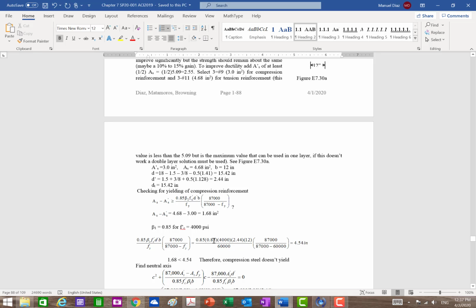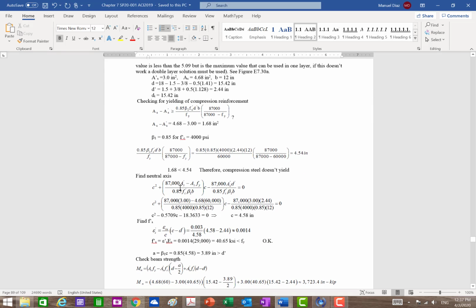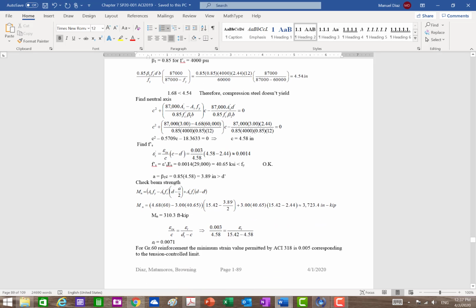So we do the values, it doesn't yield, so that means I have to find my neutral axis. With the neutral axis, I find my epsilon prime s, take that value, multiply by the modulus, get my stress in the compression bars, which is less than fy, so that's good. Find my a value, multiply by beta 1, so we get that is greater than d prime.